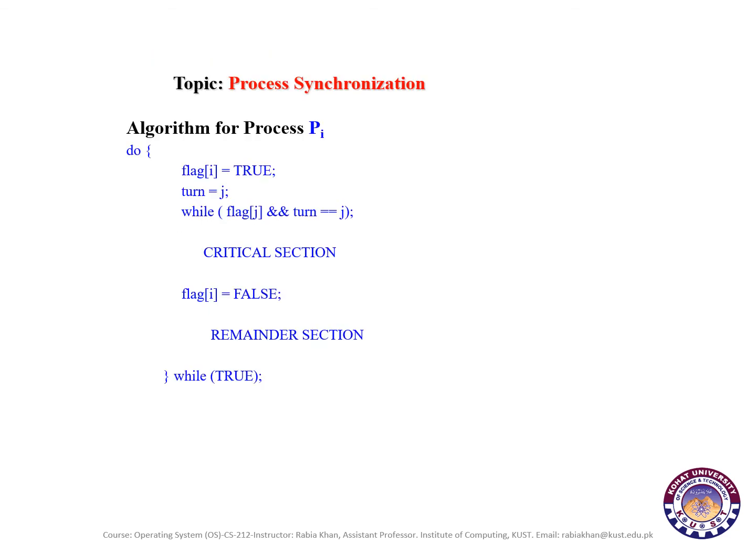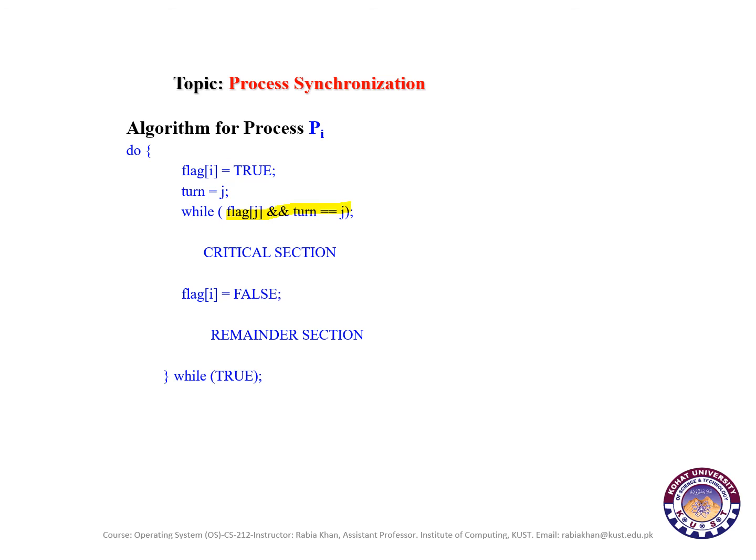Let's see the Peterson algorithm in this case. This algorithm uses both the turn and flag, and both conditions must be true in order to get the critical section. Here you can see the condition and is being used in the while condition.